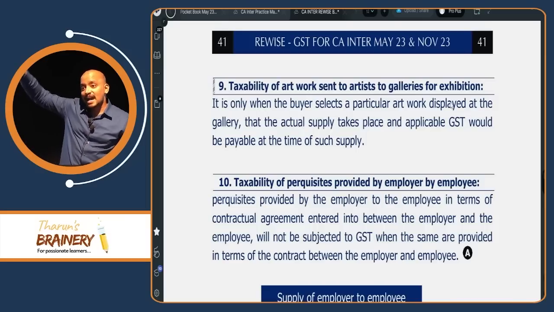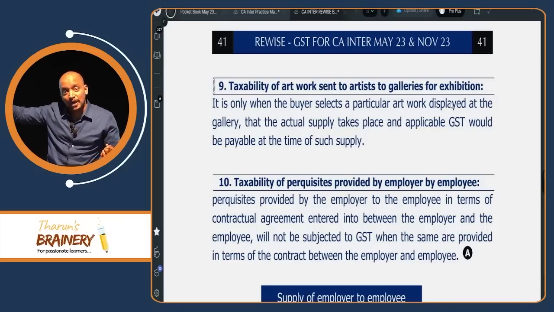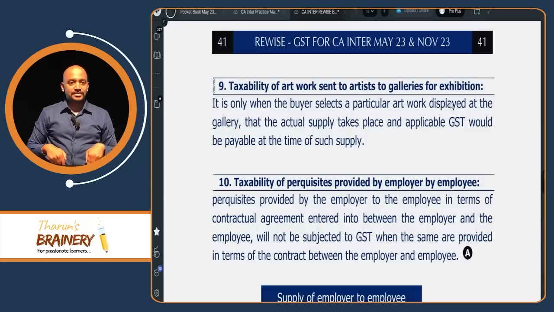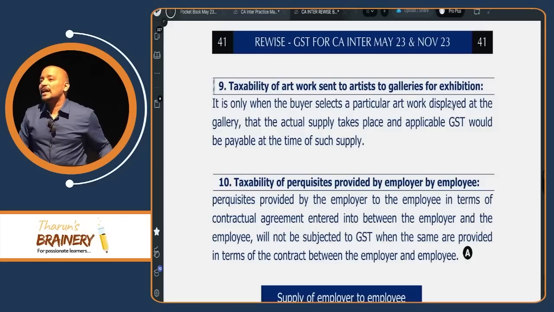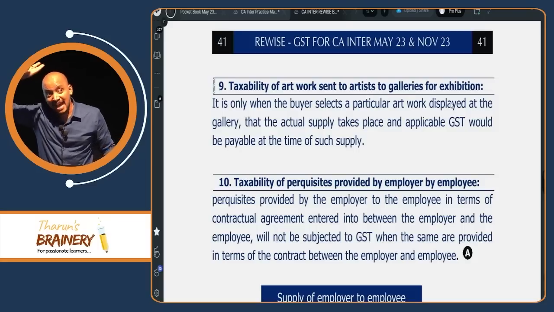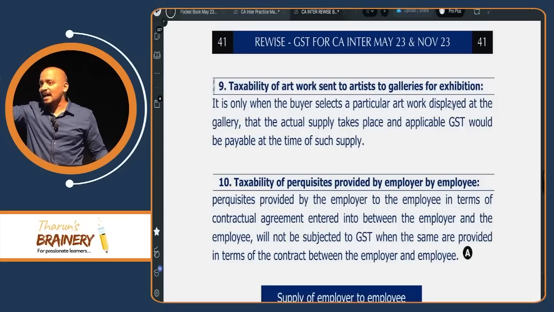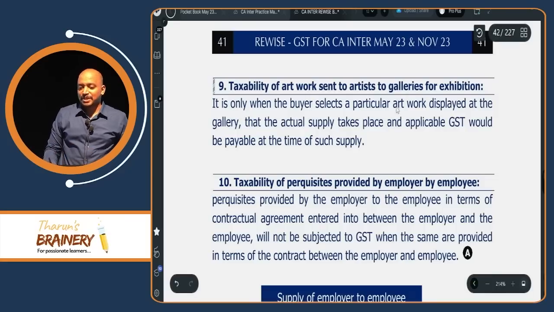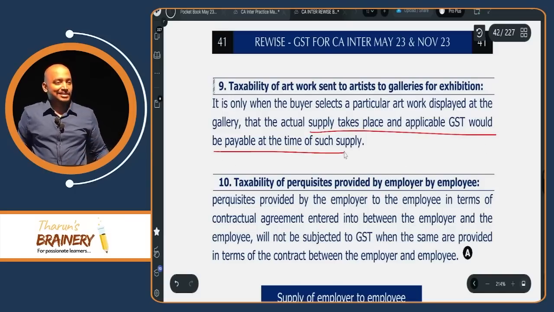Only when the art gallery sells the artwork to a buyer, on that date it will be treated as sale in my hands, because I will not get money from the art gallery now. I will get the money only when the artwork is actually sold by the art gallery to the buyer. So it is only when the buyer selects a particular artwork displayed at the gallery that the actual supply takes place and applicable GST would be payable at the time of supply.